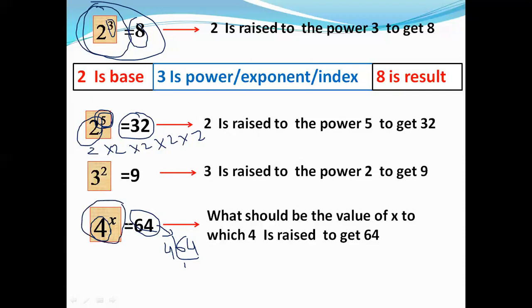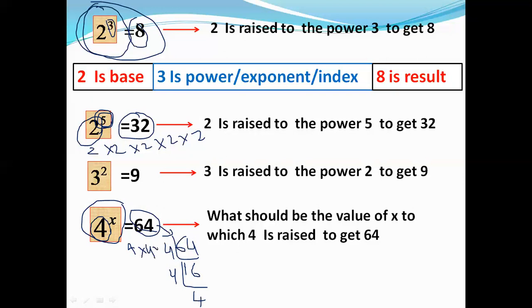So I convert 64 into some power of 4. 4 1s are 4, remaining 24. 4 6s are 24. Now again divide with 4. 4 4s are 16. So how many 4s are there? 3 4s.